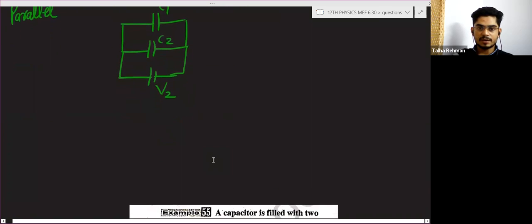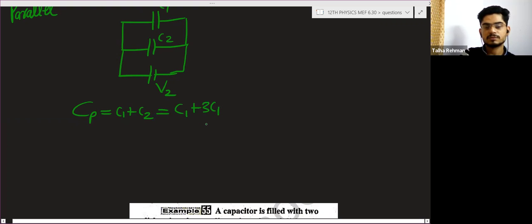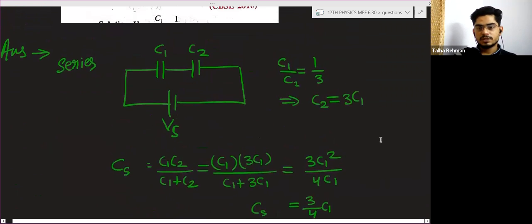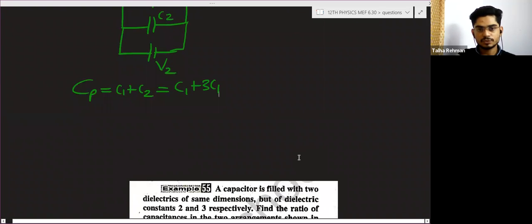Now in parallel. In parallel, C equivalent will be C1 plus C2, and we know C1 is C1 and C2 is 3 times C1, so this will become 4 times C1.